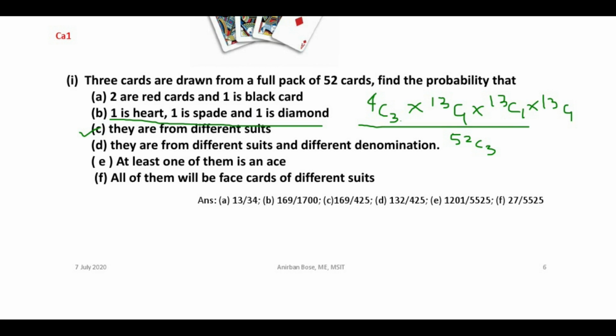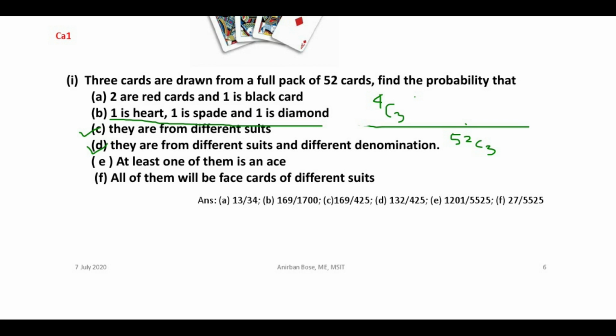Next question is question number D. They are from different suits and different denominations. First you have to choose 3 suits, which can be done in 4C3 ways, and they will be of different denominations. Denomination means, suppose one card is a 2, then the other card may be from a different suit but cannot be a 2; it may be some other value. So first you have identified the suits.